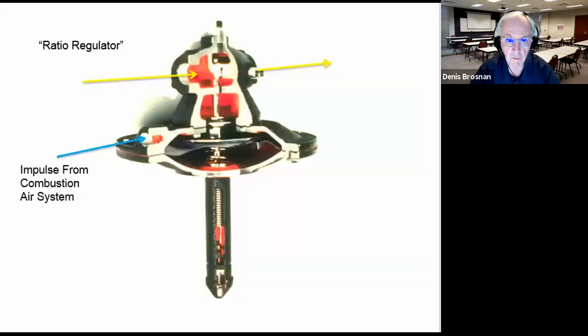Now, there's quite another type of pressure regulator. This is called a ratio regulator. Here's the gas flow. See the yellow line coming in and then going out.